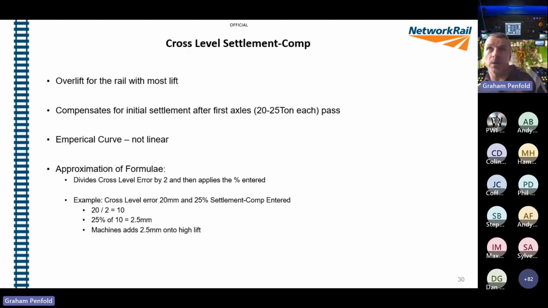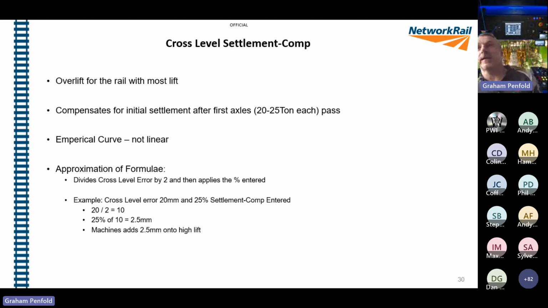It's an empirical curve, it's not linear. Because it's an empirical curve, there's no right linear straight graph to represent it, but there is an approximation of the formula: it divides the cross-level error by 2 and then applies the percentage of the cross-level error by 2.